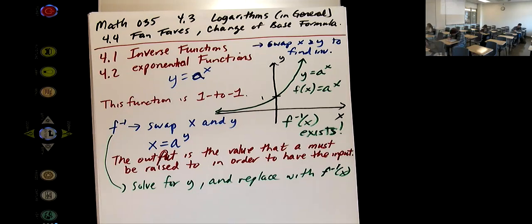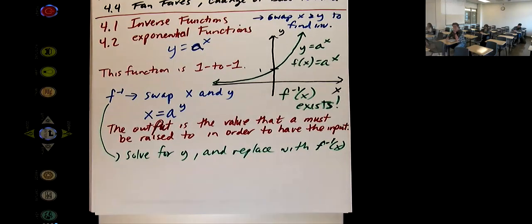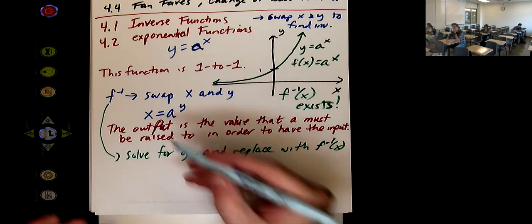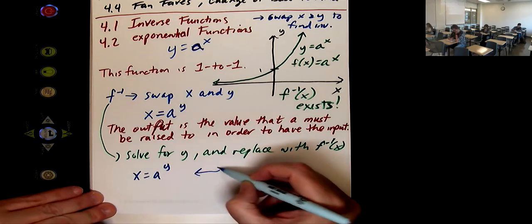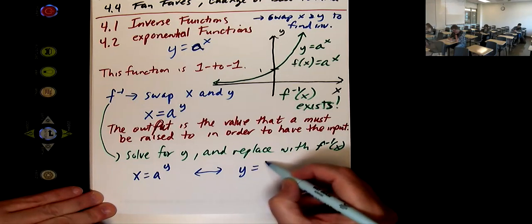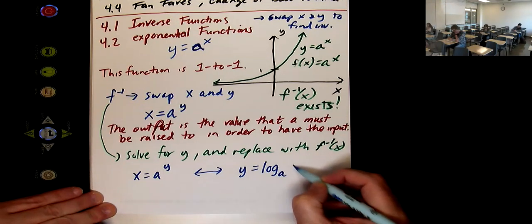But y is in the exponent. So mathematicians had to come up with a way to get it out of the exponent. This is where logarithms come in. x equals a to the y is equivalent to y equals log base a of x.